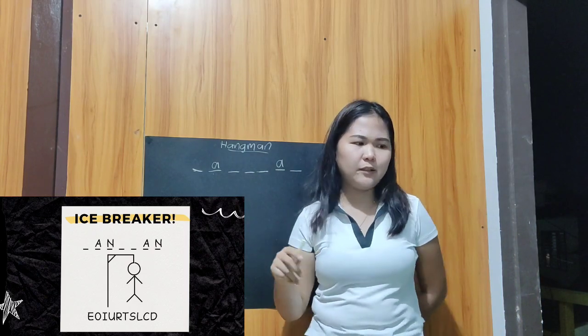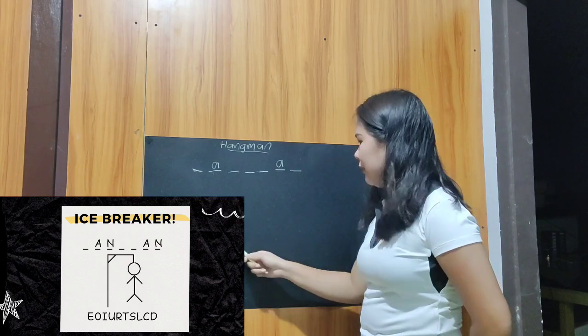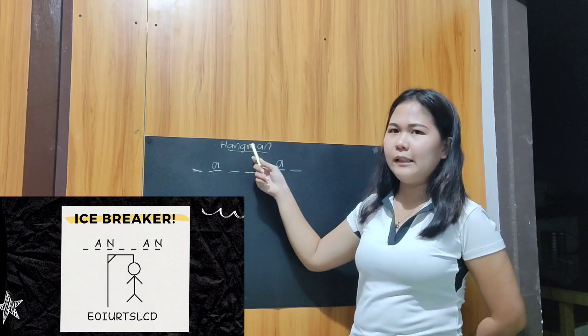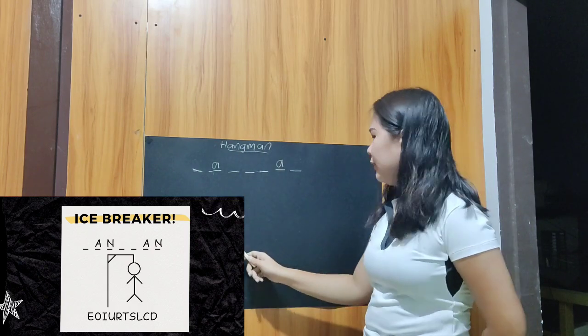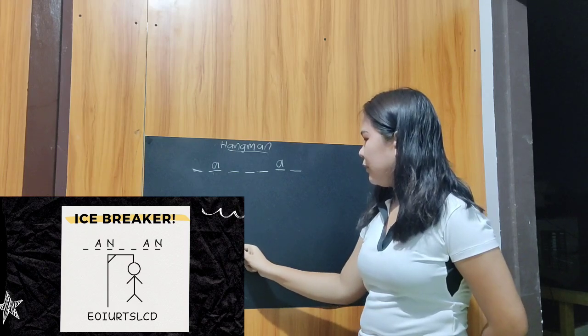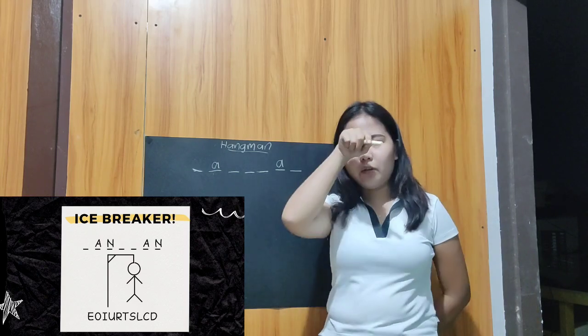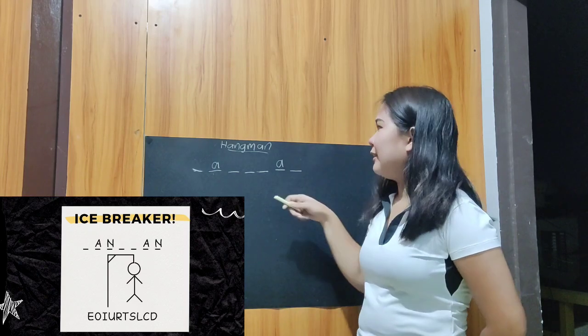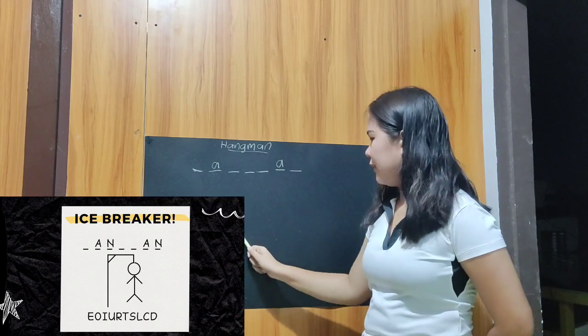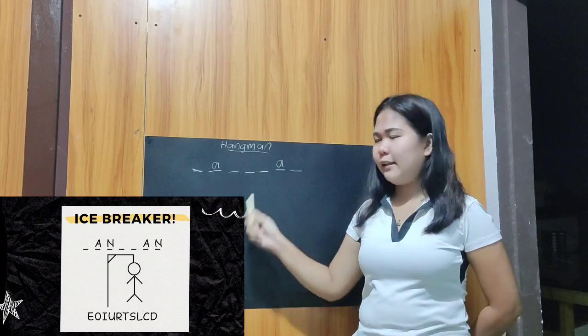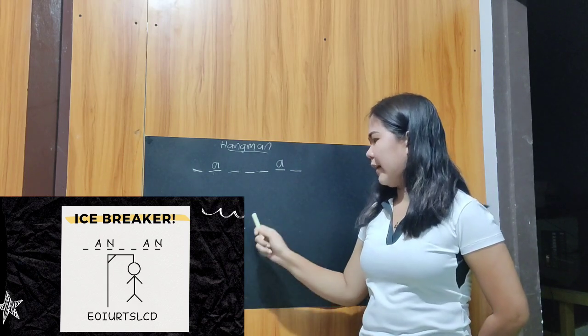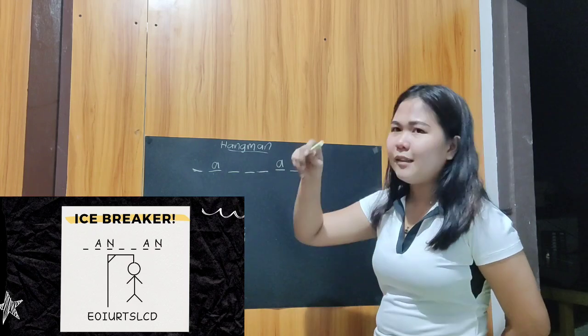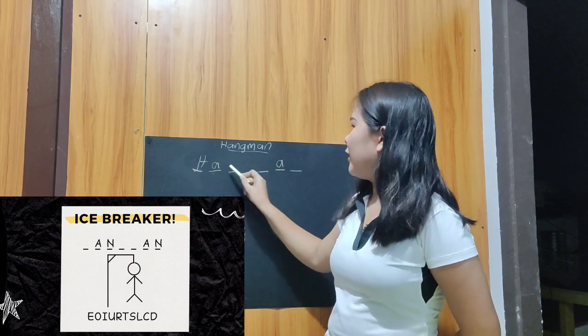Just like for example, you said letter E, and letter E is not in the hangman word, so letter E will be put in here below. So again, if it says a letter that is not here, I, it is not here, so it will be put down there.